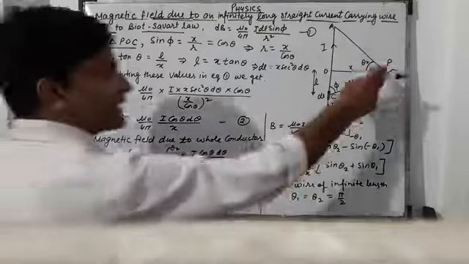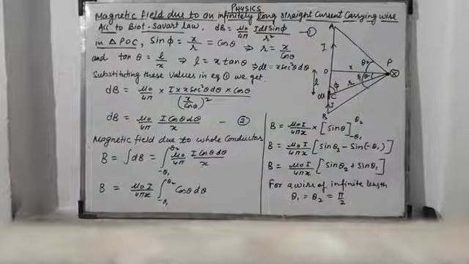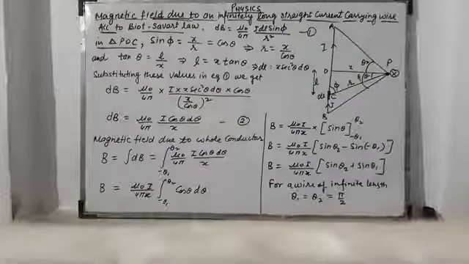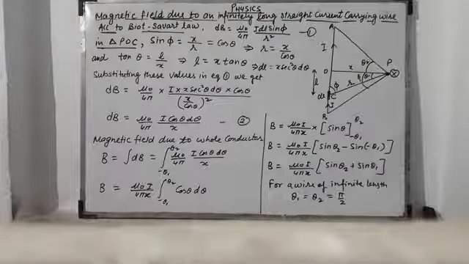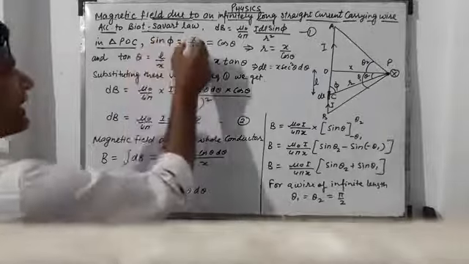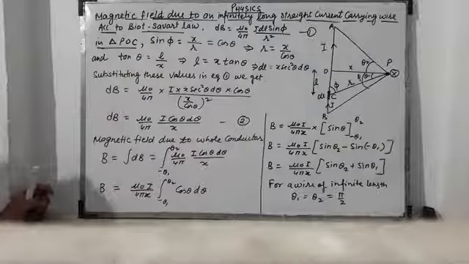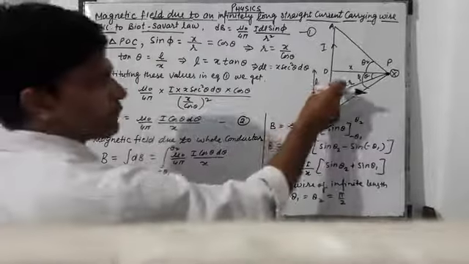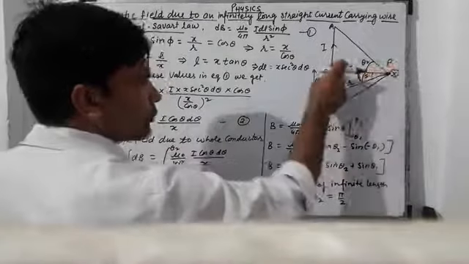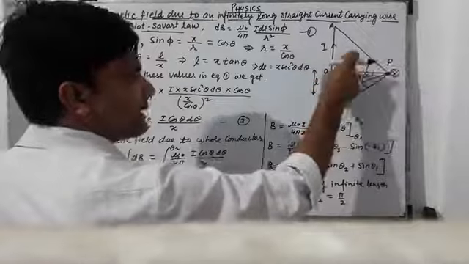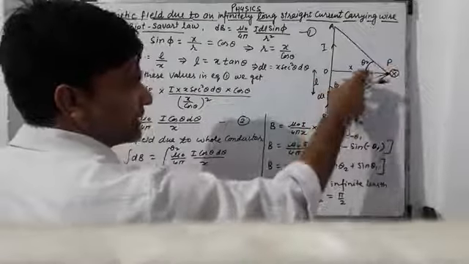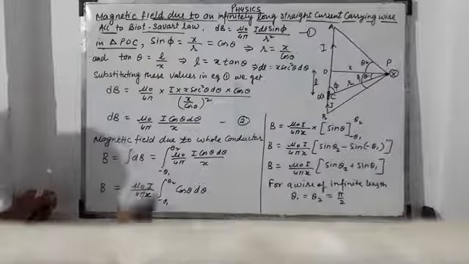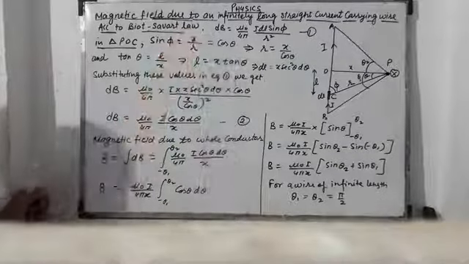In triangle POC, sin phi is equal to x upon r. For phi, PO is perpendicular and PC is hypotenuse, so x upon r.